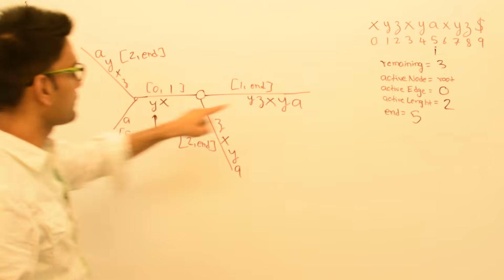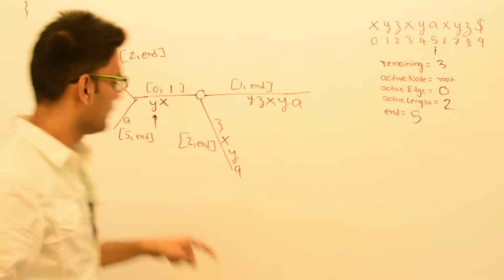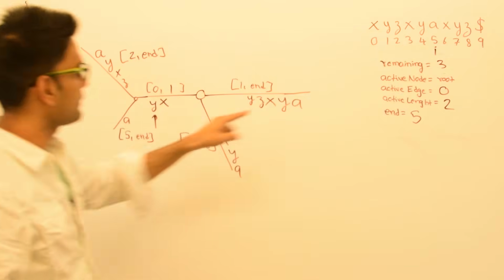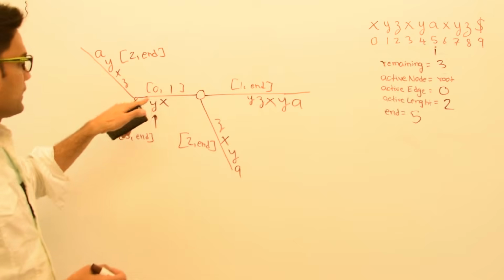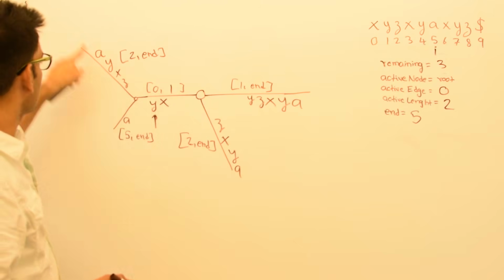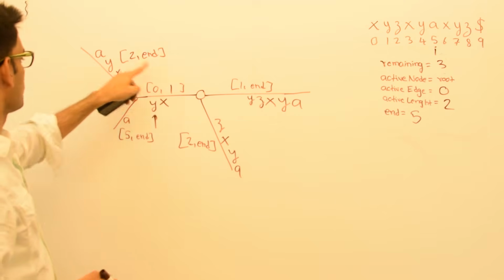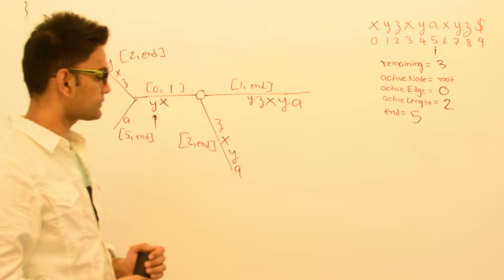So this is representing x, y, z, x, y, a, and this path is representing x, y, and a. So again, the indices for this one are 0 to 1, x to y, and the other ends are as before, 2 to end, z, x, y, a, and 5 to end, which is a.